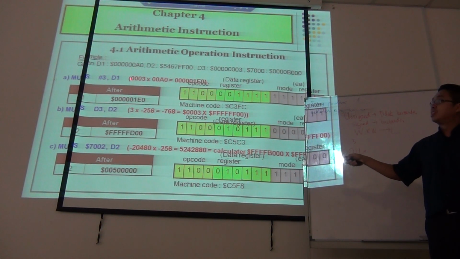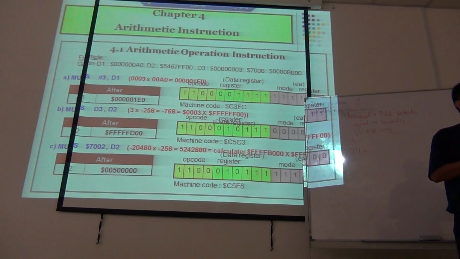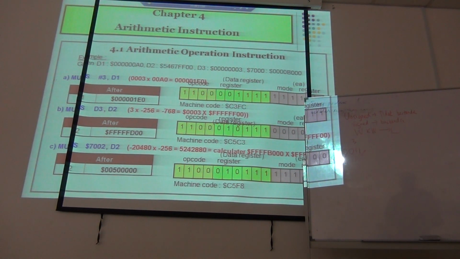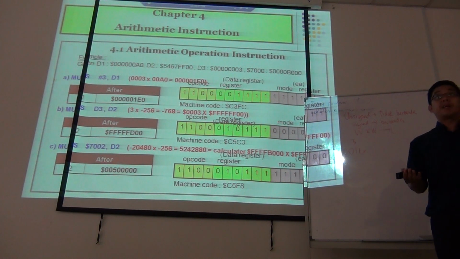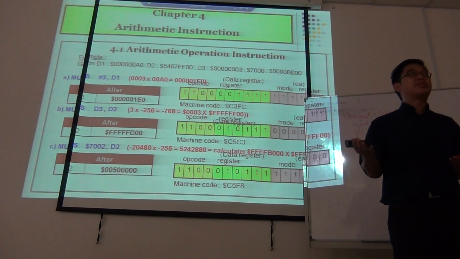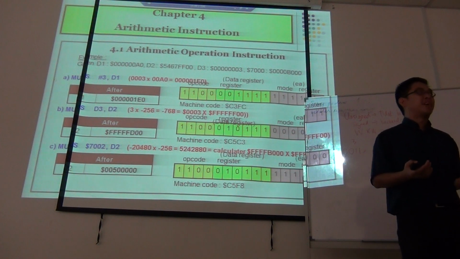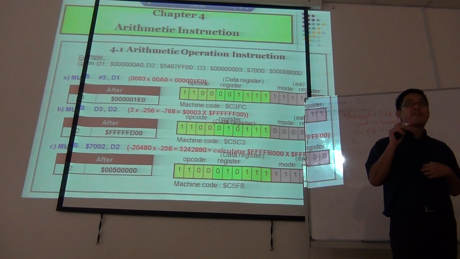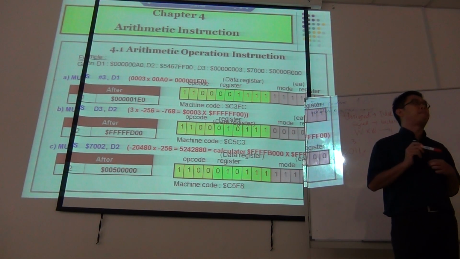Try 0003 times FF00. Do you get the same answer as the simulator? Compare. The simulator says different. What is the difference? You just need to multiply a number, right? It should give the same answer. But the answer now is different because of the negative two's complement value.